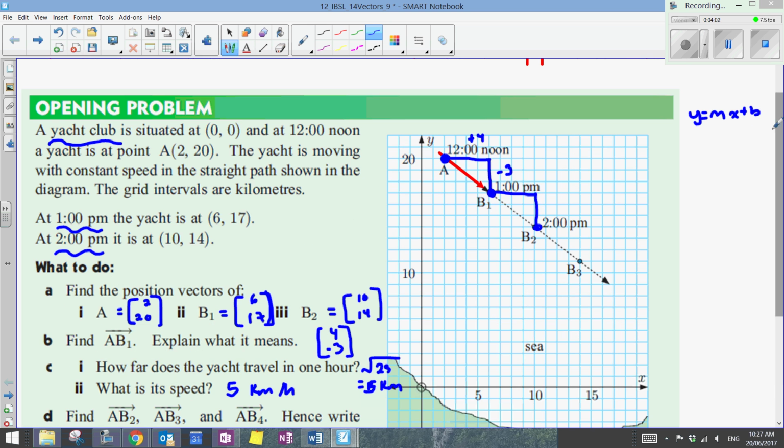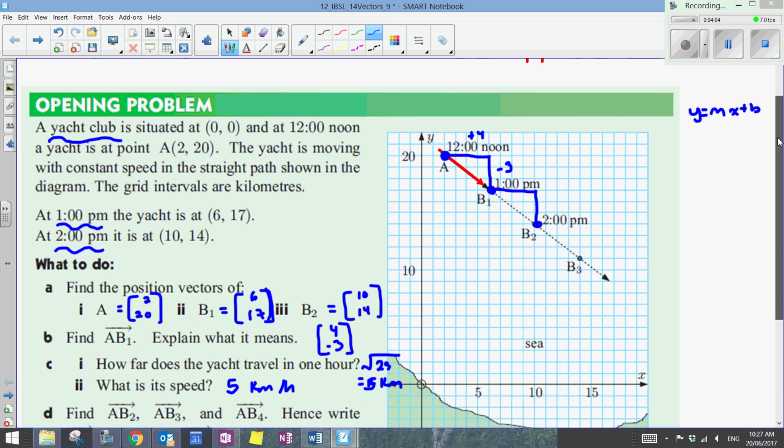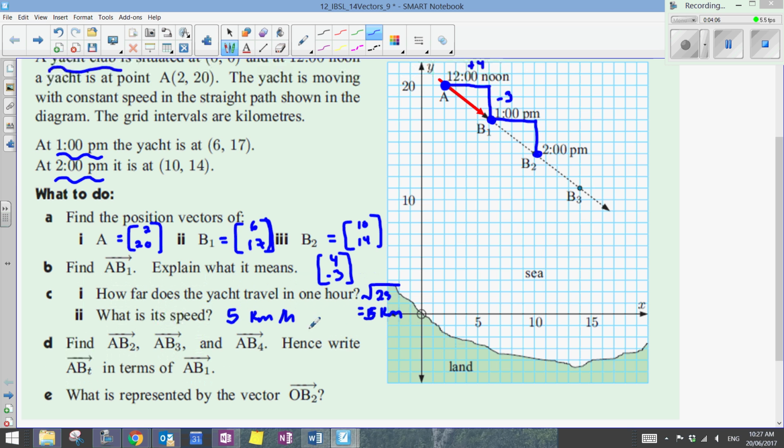So if you start to think of this linear equation that we were thinking of earlier, you have this 4 and -3 multiplying by every unit of time. And we started at an initial point of (2, 20). So let's start at (2, 20). And then for every unit of time that passes, let's multiply the x by 4 and the y by -3, and then we'll have our new location along the line. And this could occur for as many hours as we allow to pass.